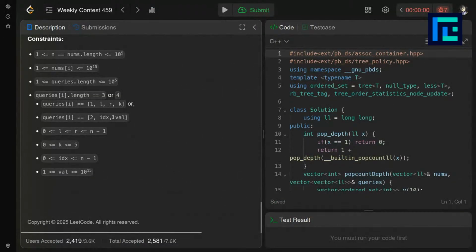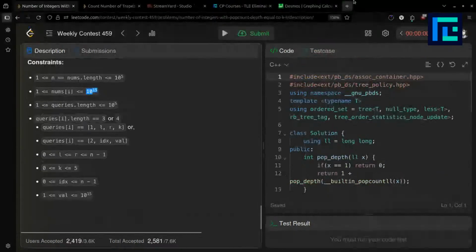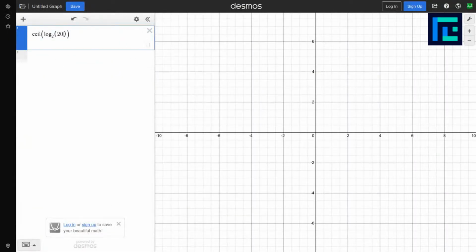The maximum value of any number is 10 to the power 15. So that's what I'll put here. In one step you can see there will be at most 50. Doing one pop count will make the number at most 50.